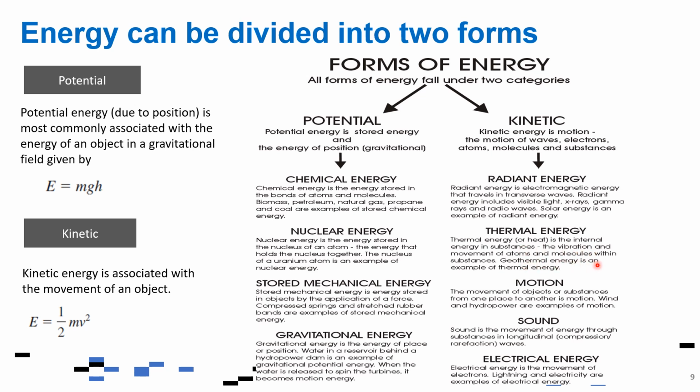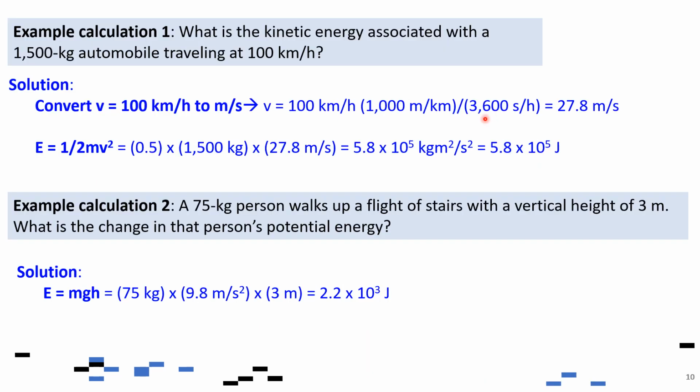Geothermal energy is an example of this thermal energy. Of course, sound is also a form of kinetic energy, and electrical energy is the movement of electrons, so it's also a form of kinetic energy. So these are the two main forms of energy, potential and kinetic energy.